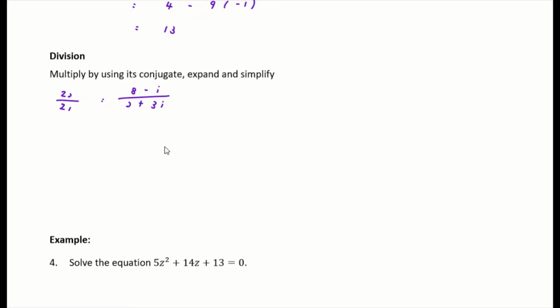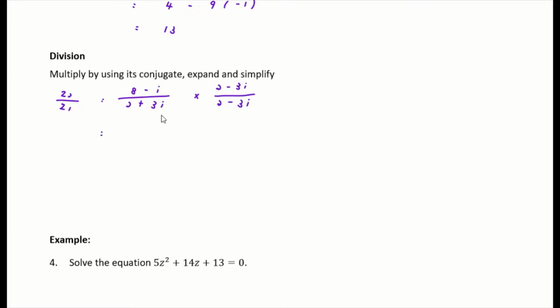But the idea is we will express this fraction without having a complex number in the denominator, just like how you rationalise a surd expression in division as well. So we will multiply by the fraction formed by its conjugate, meaning 2 minus 3i over 2 minus 3i.